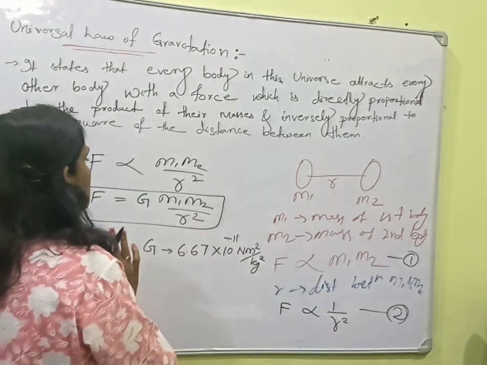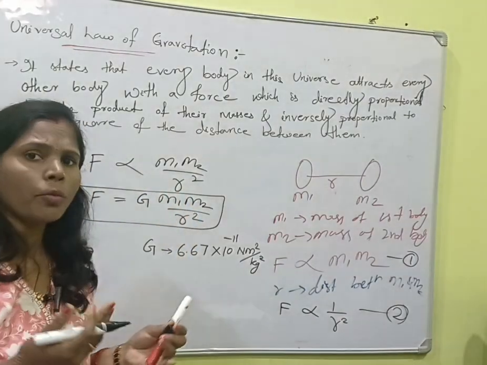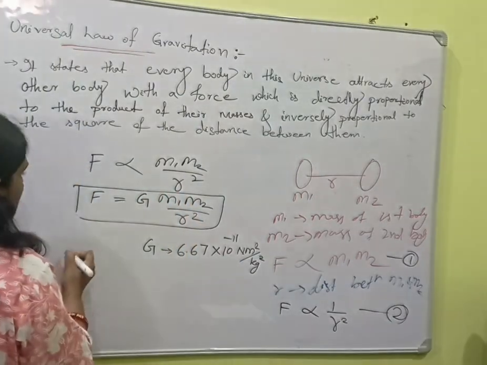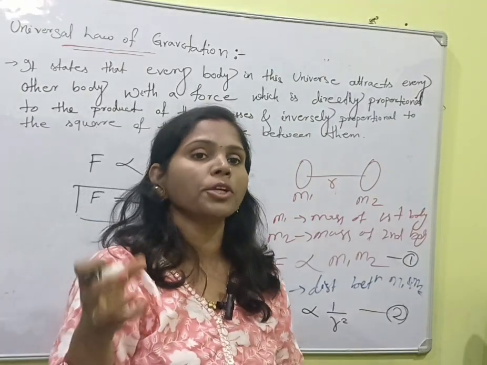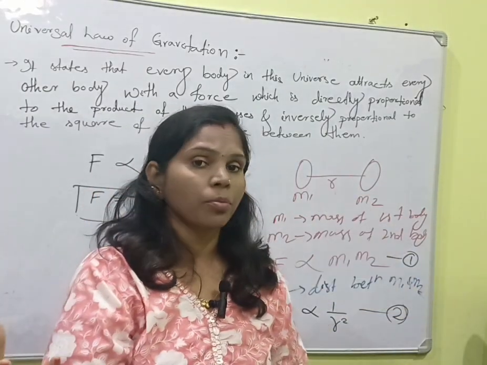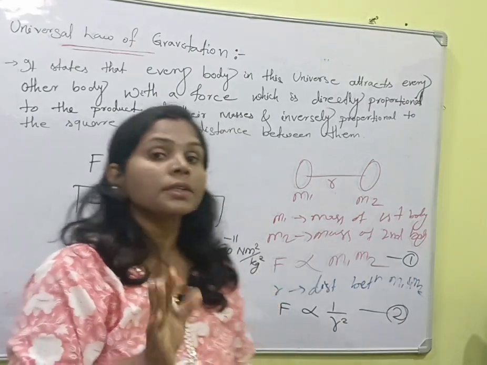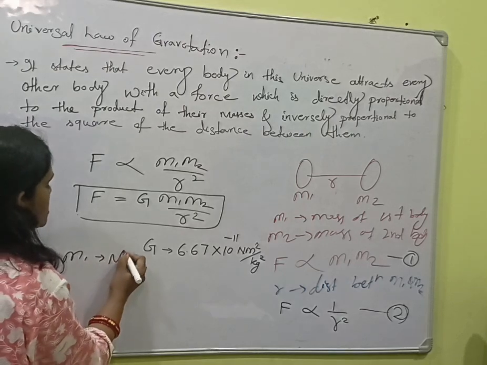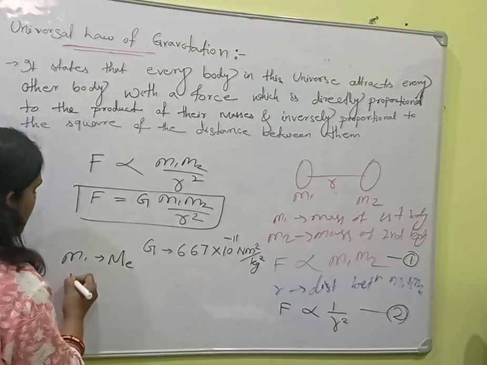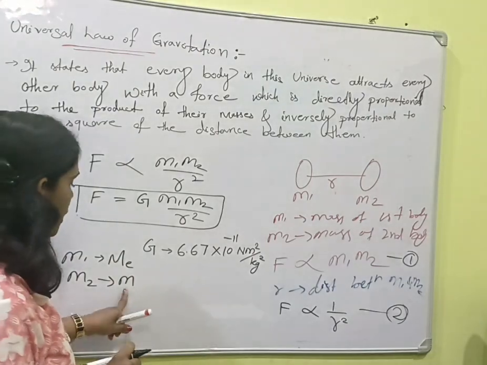Now, m1 and m2 are any two bodies. If we want to find the force of attraction between, let's take, the moon with respect to the earth, or any body with respect to the earth, then m1 is the mass of the earth and m2 is the mass of the object, let's take small m.